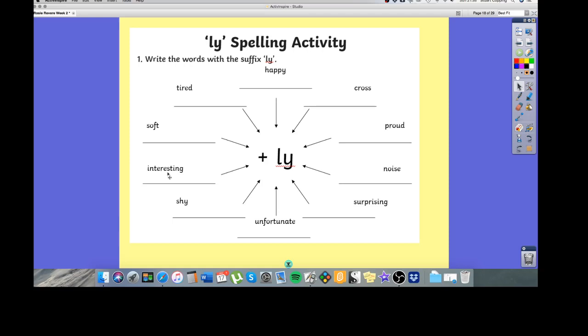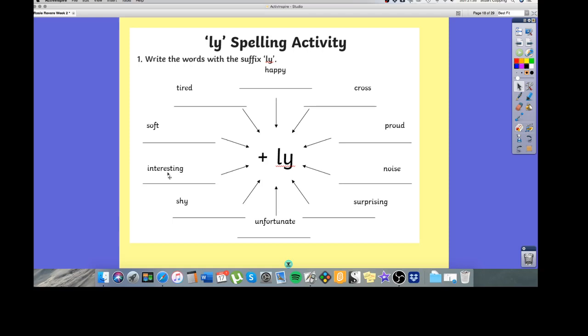Most of the time you just add ly, if the word ends in a Y, you change it to an I and add ly. Okay, there are 2 of them, 2 ones where you would have to change the Y to an I on here. Which ones do you think they are?